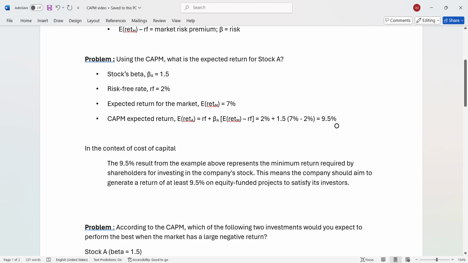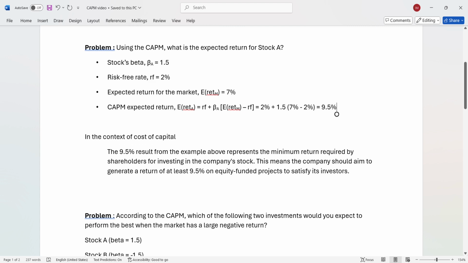This expected return basically tells you, if you think of this concept in the context of cost of equity capital, you can interpret it this way: this 9.5% represents the minimum return required by shareholders for investing in the company's stock, right?